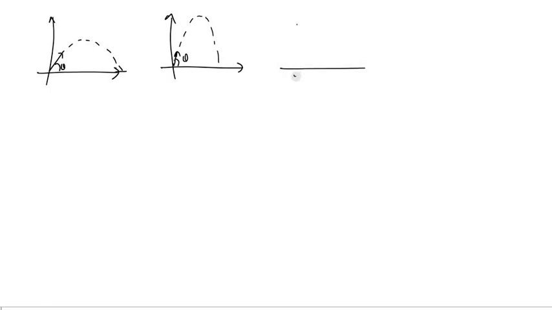If the theta is very small, then the projectile will be something like this. So for each value of u, let's say u is the same, for different angles theta 1, theta 2, theta 3, you have different maximum heights. So for a particular theta and particular u, what is the value of that maximum height, that we are going to see here.